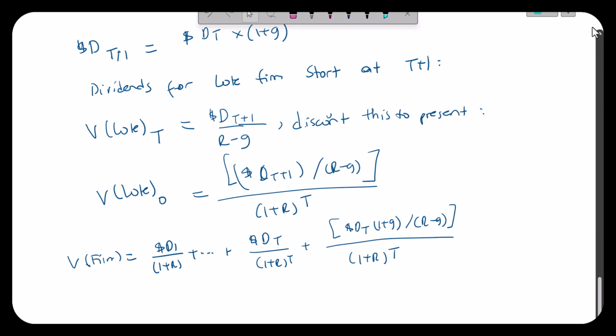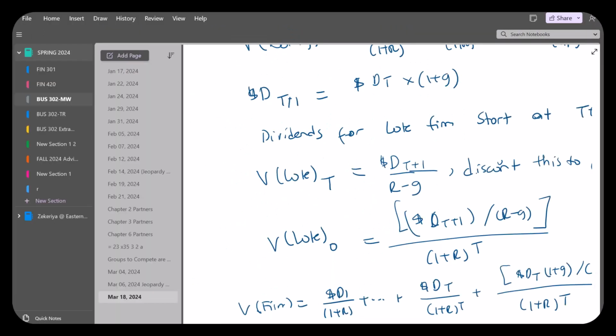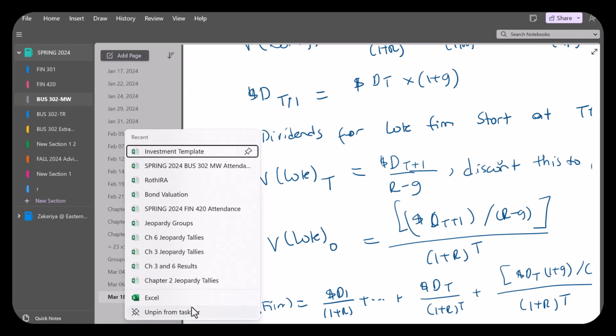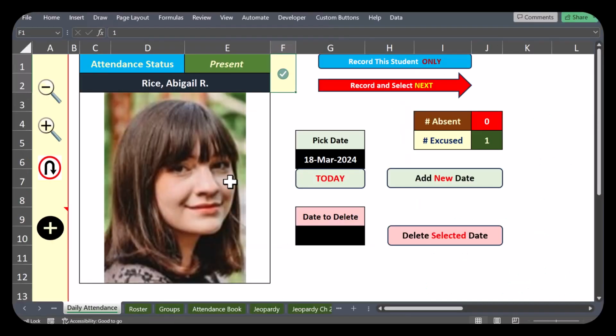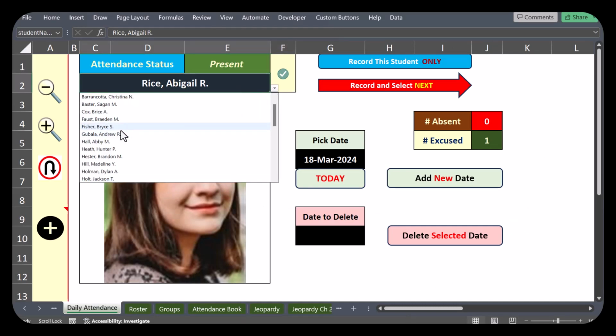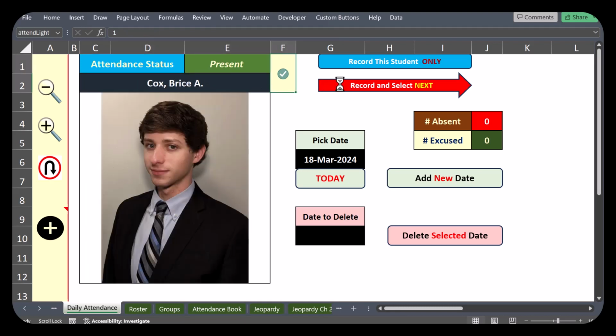First, let me take care of 2 latecomers before I forget, one of them is Baxter. Who else came late? Last name?